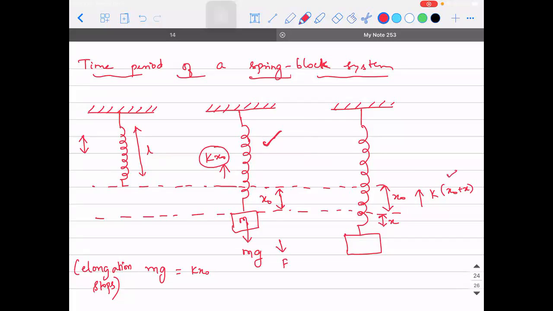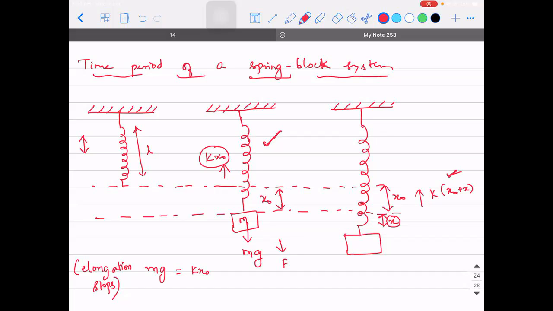When the value has increased from Kx naught to Kx naught plus x, can I say that there is some extra unbalanced force that is acting on this object? What is the extra unbalanced force? The extra unbalanced force came because of the extra elongation that we gave compared to its balanced length. Correct? Guys, are you able to understand?